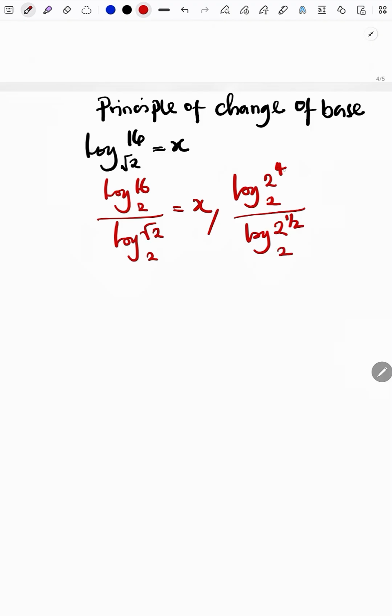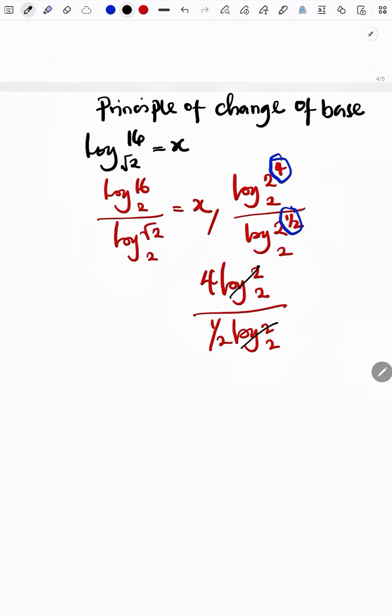So let's carry out our power law, because this is raised to power, this is raised to power. Carrying out our power law, this becomes 4 log 2 base 2 divided by 1 over 2 log 2 base 2. I hope you recall that log of same number, same base is equal to 1. So this is out, this is out. What are we left with?